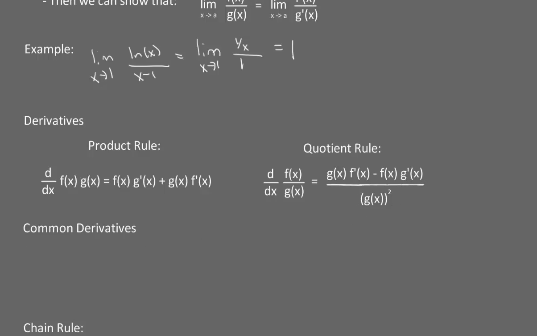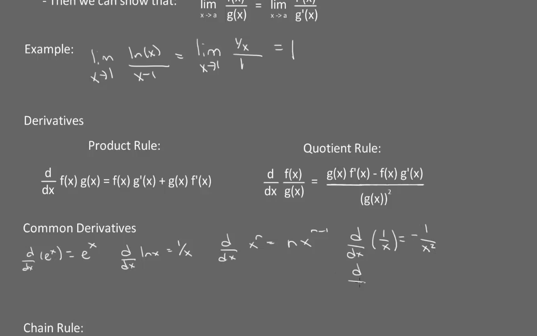Now some common derivatives that often come up on the exam are the derivative of e to the x, which is simply e to the x, the derivative of ln x, which is 1 over x, the derivative of x to the n, which is n x to the n minus 1, the derivative of 1 over x, which is negative 1 over x squared.